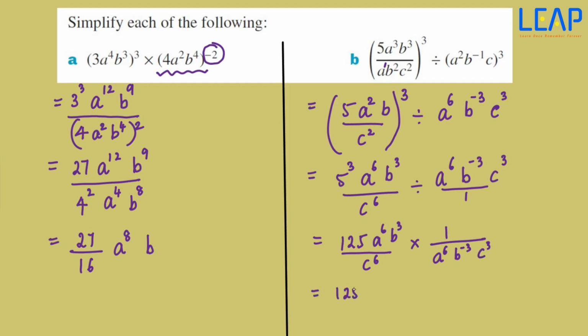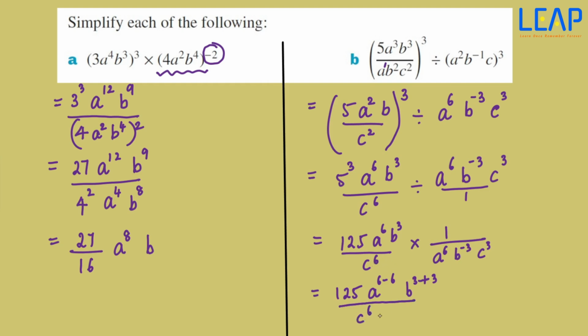Now you can apply the laws of index. You'll get 125, a to the power of 6 divided by a to the power of 6, right? So 6 minus 6 is going to be 0. And then do it for b as well. 3 minus negative 3, which is going to be plus 3, right? And then c is in the bottom, which is in the denominator. So c will be 6.